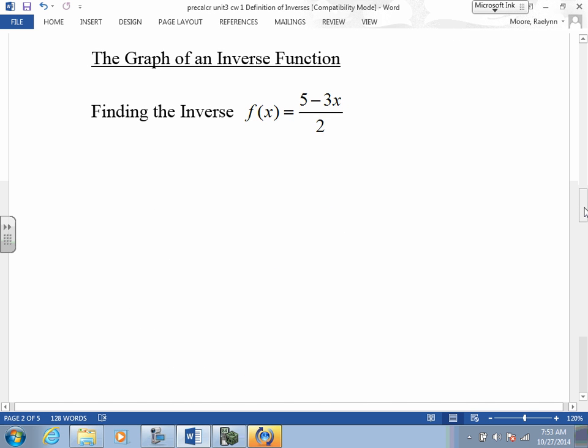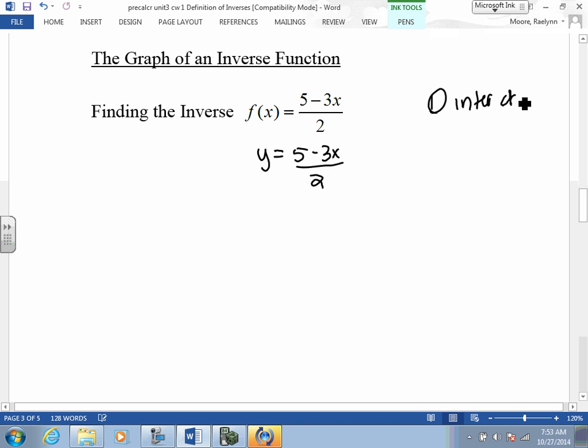Now, we're going to find the inverse of this guy together. So we're going to start with setting this to y. You're going to interchange, first rule, interchange your x and your y.